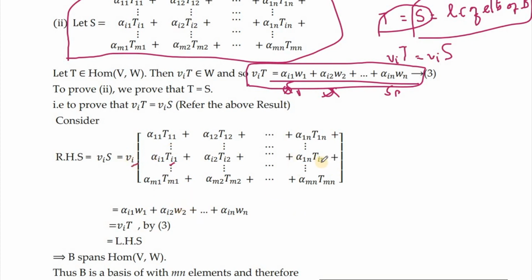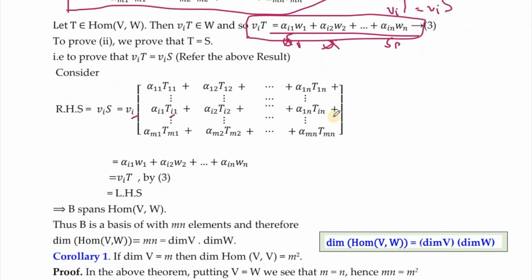VI with TIN will give me WN. But this is nothing but your VIT. In order to have this VIT on this side only, your VIT was chosen like that. So that is the reason behind choosing your scalars in this way. So this is VIT.